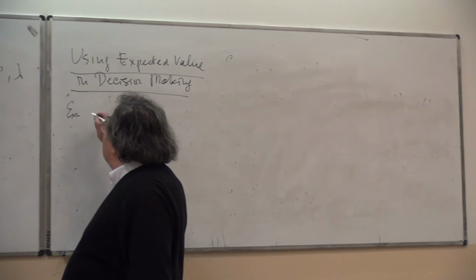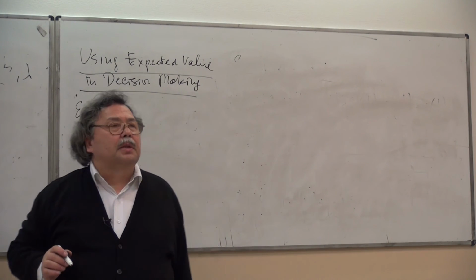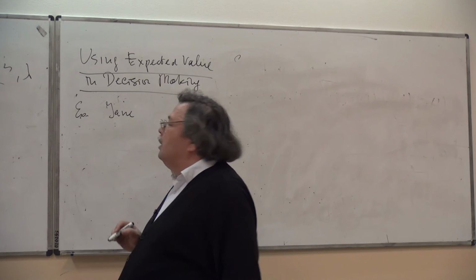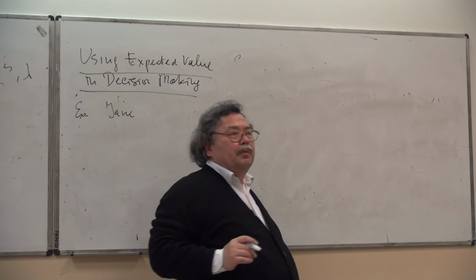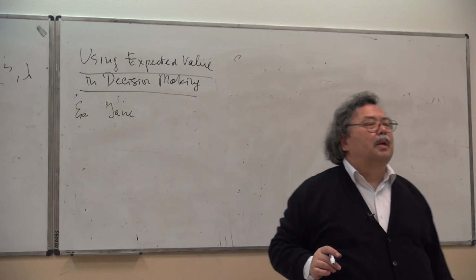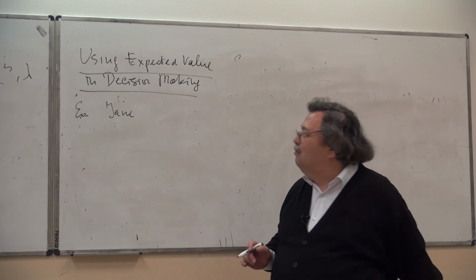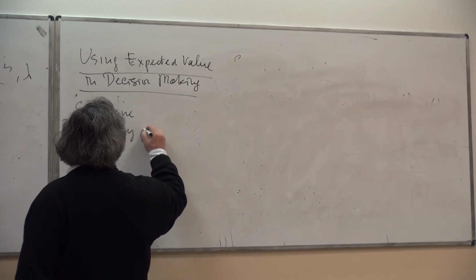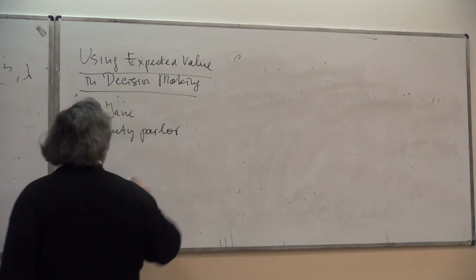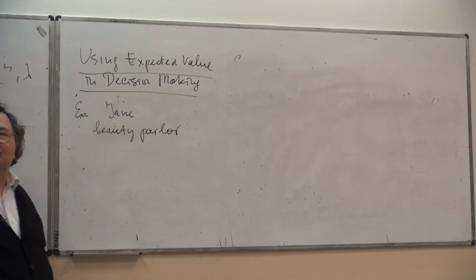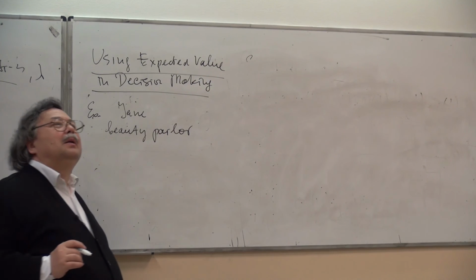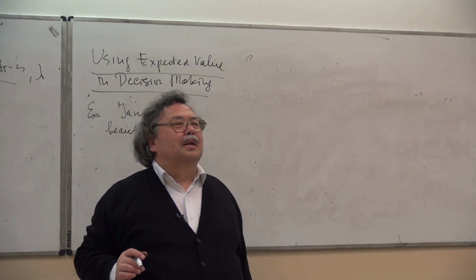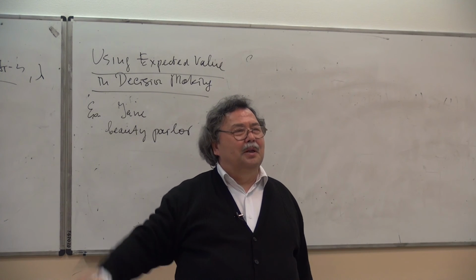Well, suppose a certain person, let's call her Jane, plans to open a business of her own. Specifically, she plans to open a beauty parlor. Okay, she has some reasons to believe that a beauty parlor can work successfully in her neighborhood.